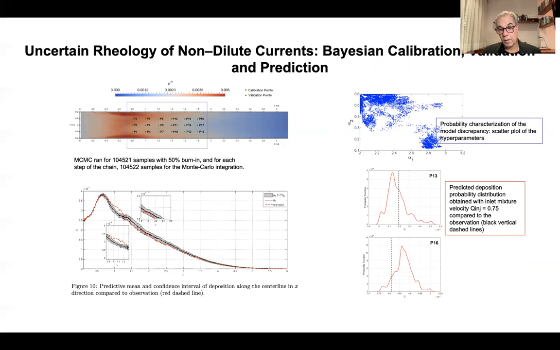And then we run again, and by using this Bayesian calibration and prediction, we arrive at the PDFs you see in the charts for points P13 and P16, comparing them with the observation, and we see that we have pretty good agreement for P13, but not so good for P16.